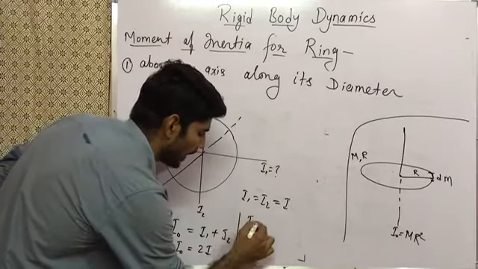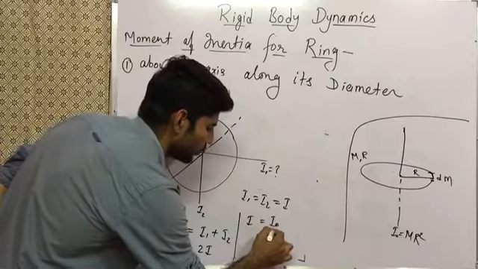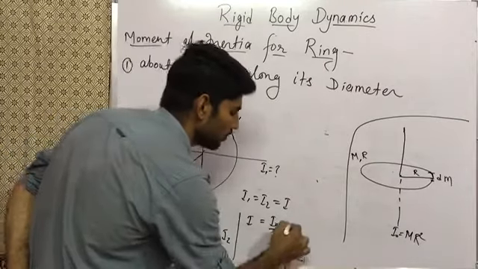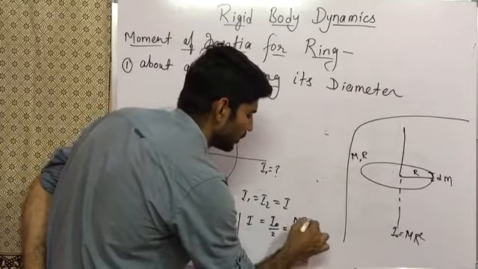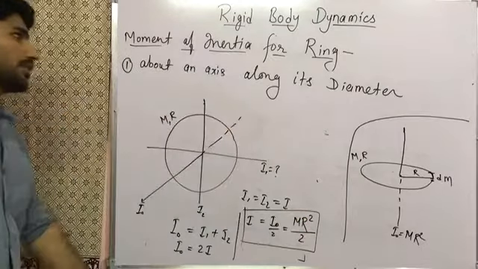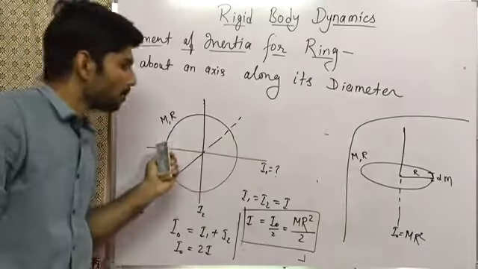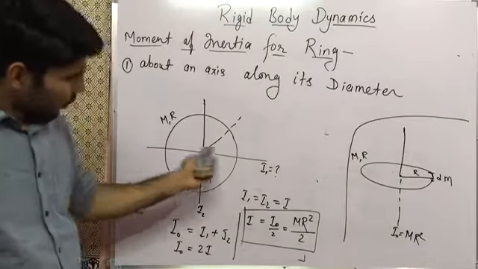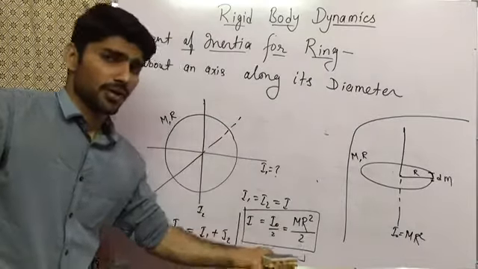So I will equal I naught by 2, which equals, when we put the value of I naught, mr squared. Then we can say the moment of inertia for a ring about an axis passing along the diameter is given as mr squared by 2.